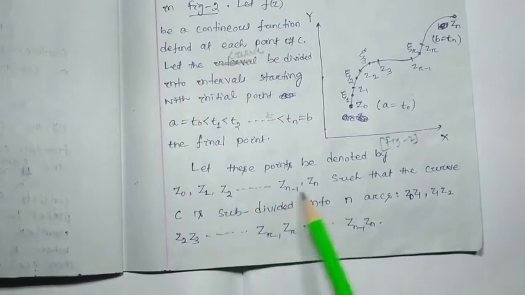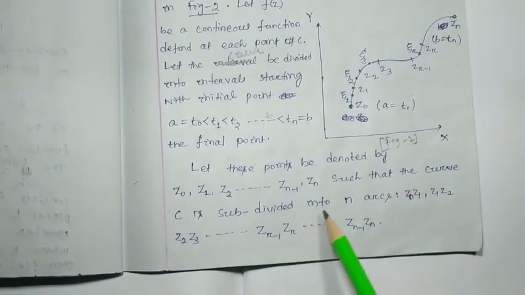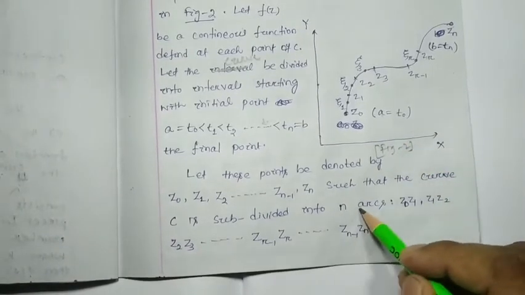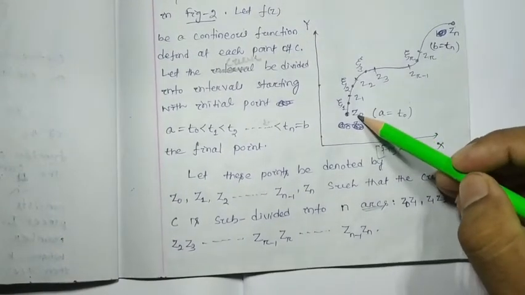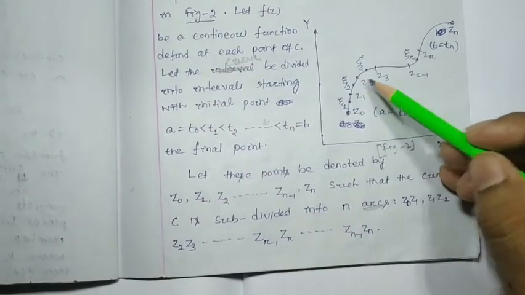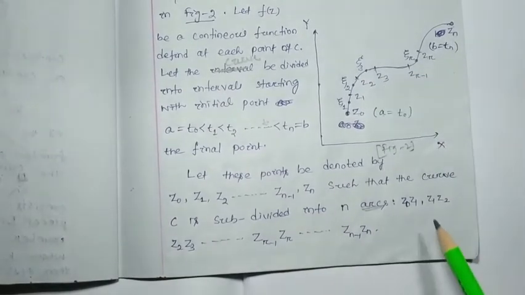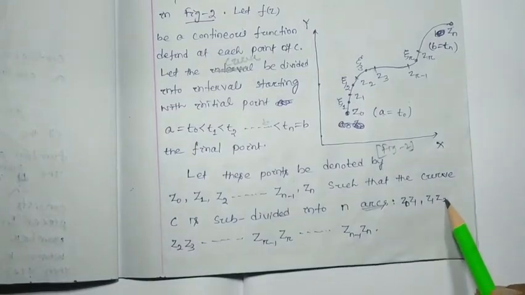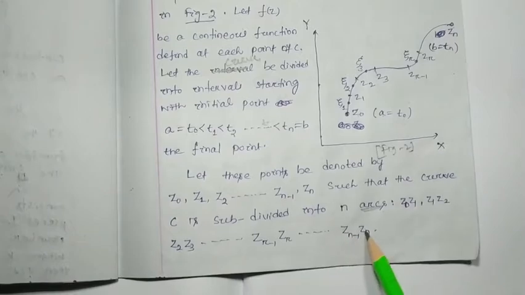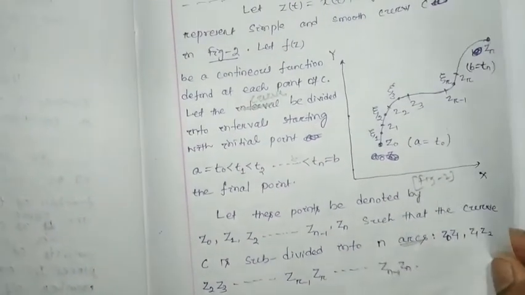Such that the curve C is subdivided into n arcs. The n arcs are z0 to z1 one arc, z1 to z2, z2 to z3, like that, z(r-1) to zr, z(n-1) to zn. These are the small arcs.